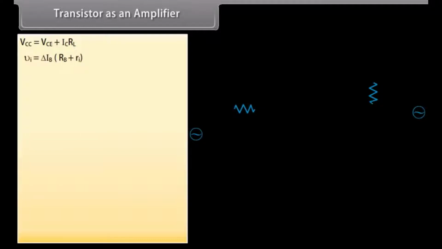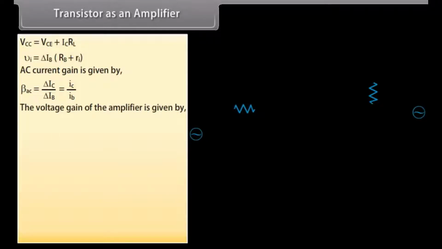Delta Vi is equal to delta IB multiplied by RB plus Ri. AC current gain is given by beta AC is equal to delta IC upon delta IB. The voltage gain of the amplifier is given by AV is equal to delta VCE upon Ri delta IB, or it can be written as AV is equal to minus beta AC RL upon Ri.